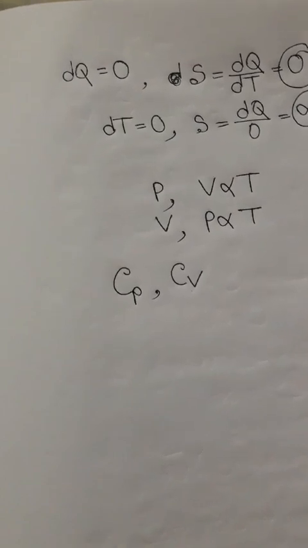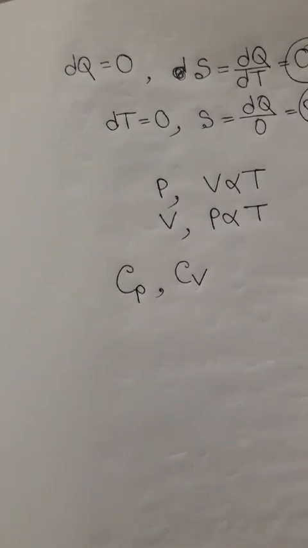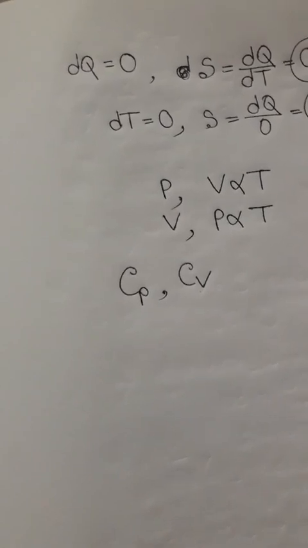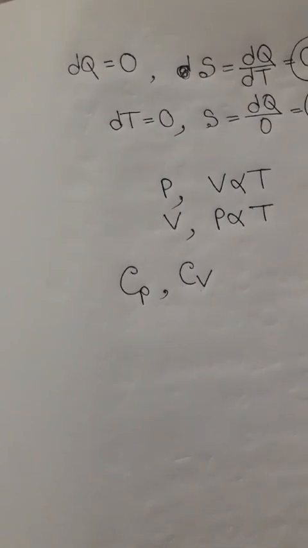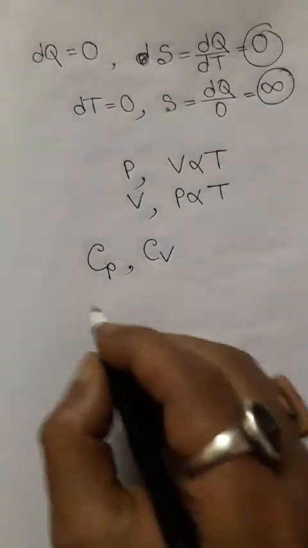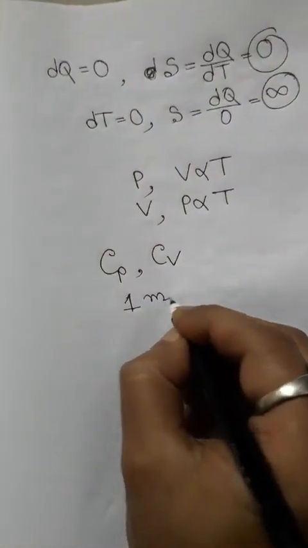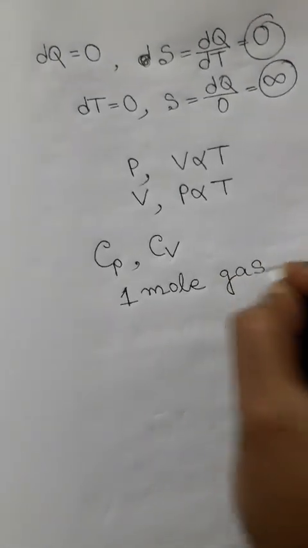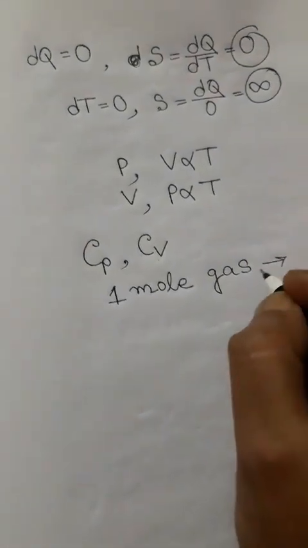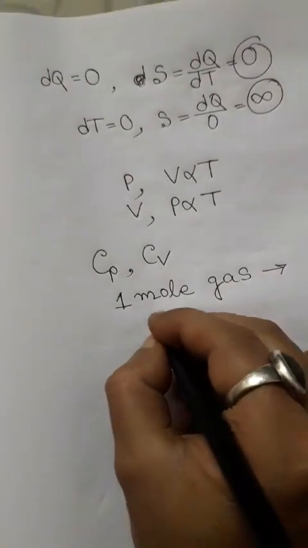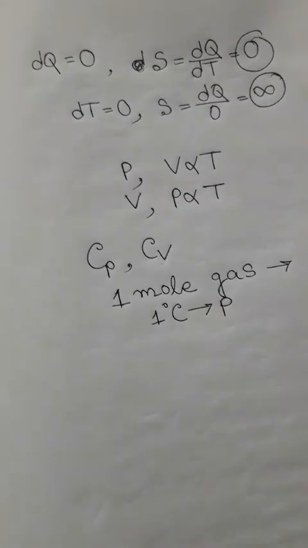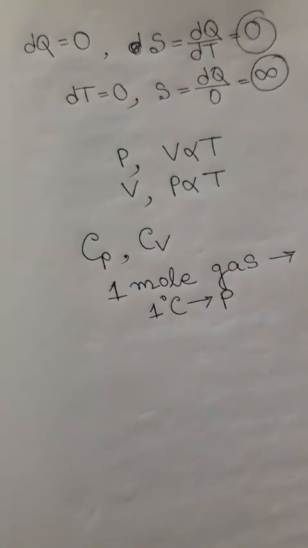Molar specific heat at constant pressure is the amount of heat required to raise the temperature of 1 mole of gas by 1 degree Celsius by keeping pressure constant.